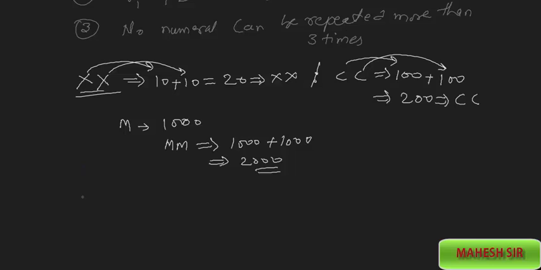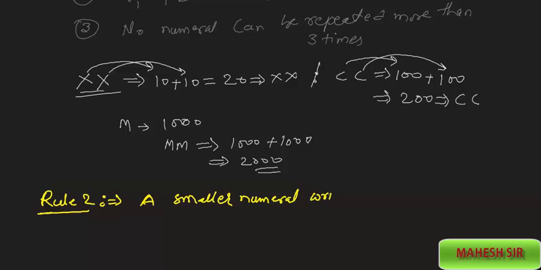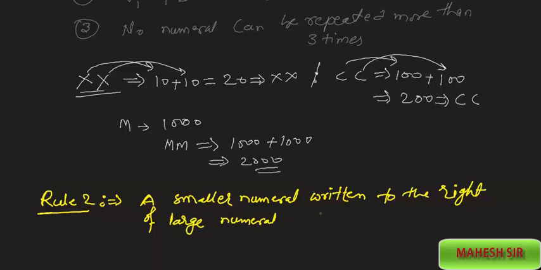What is rule 2? Listen carefully. A smaller numeral written to the right of a larger numeral is always added to the larger numeral.